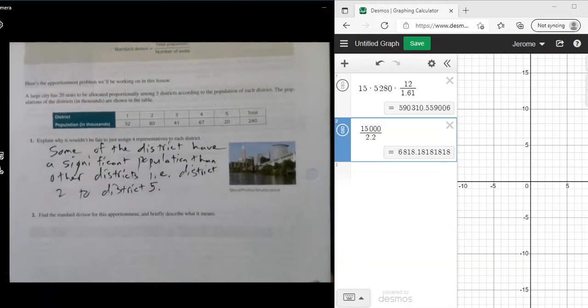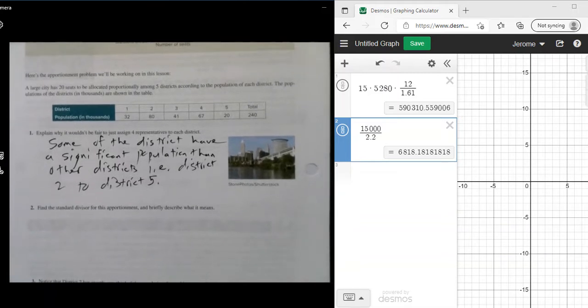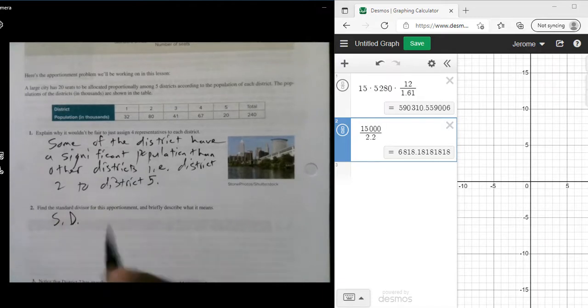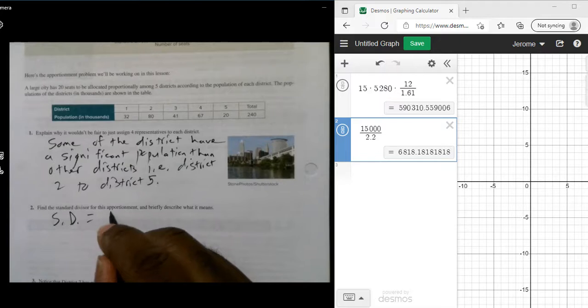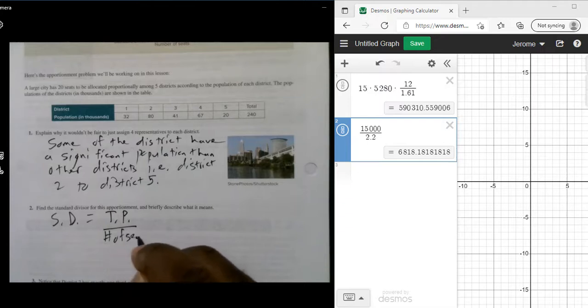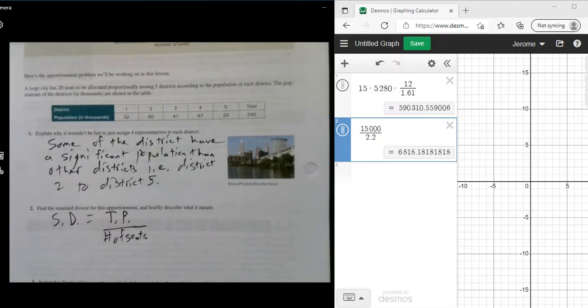Okay, number 2. It says find the standard divisor for this apportionment and briefly describe what it means. So again, I'm going to abbreviate standard divisor, and we're going to have the total population, I'll abbreviate that, divided by the number of seats. Now I know some of you only know this symbol as a hashtag, but when I grew up, this was the number sign, so I'm aging myself here.